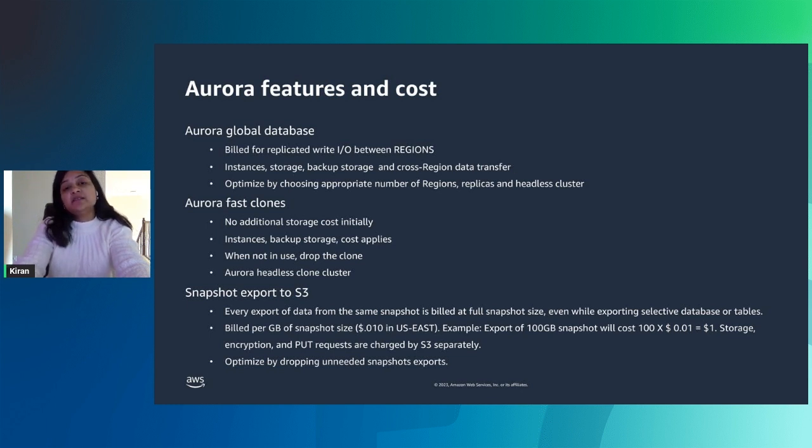So another feature is exporting the DB snapshot. When you export the snapshot, Aurora basically extracts all the data from the snapshot and stores it in an S3 bucket, right? You can export either the automated or the manual snapshots. By default, all the data will be exported, but if you want to choose a specific set of the database, only particular schemas or tables, then you can export them as well using SELECT INTO OUTFILE S3 with Aurora.